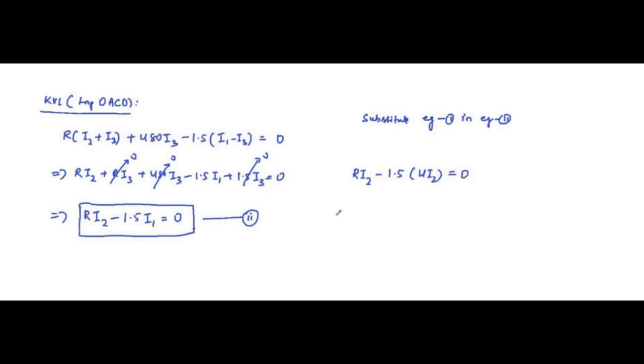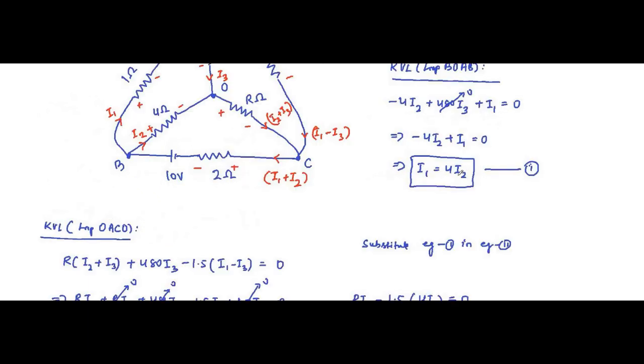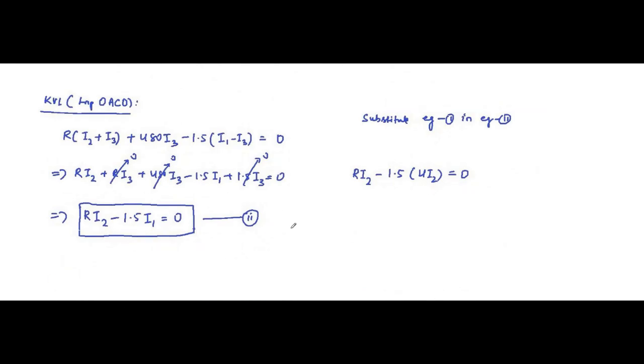In place of I1 we have substituted 4I2 as per the relationship we obtained. That implies RI2 minus 6I2 is equal to 0. That implies I2 into (R minus 6) is equal to 0. That implies R minus 6 is equal to 0. That implies R is equal to 6 ohm.